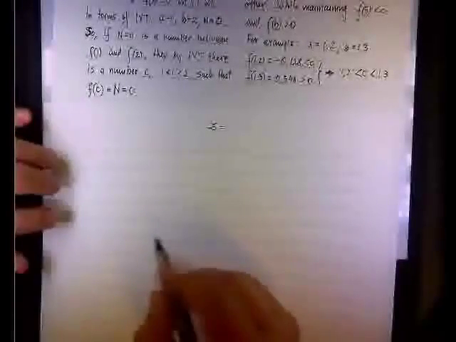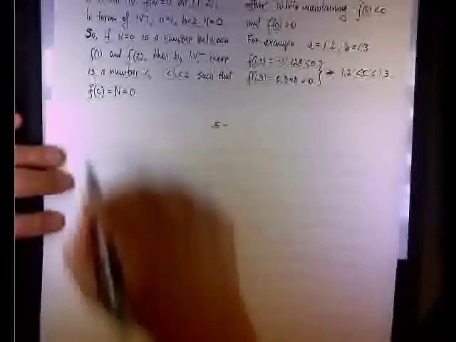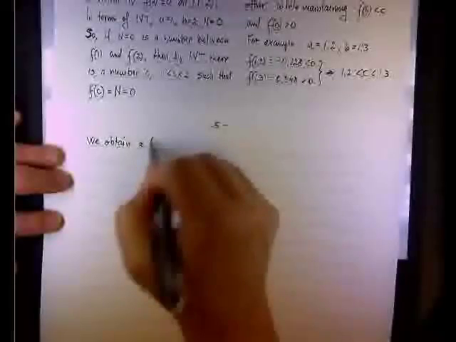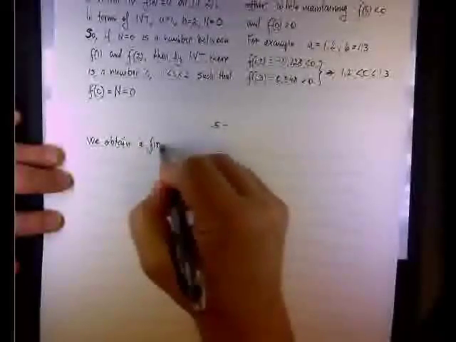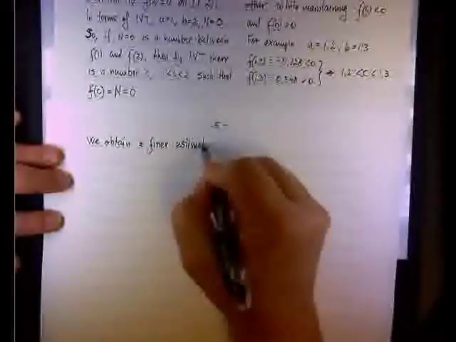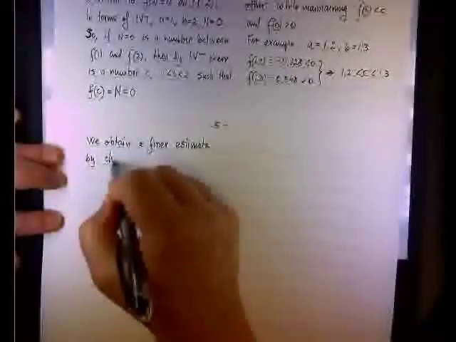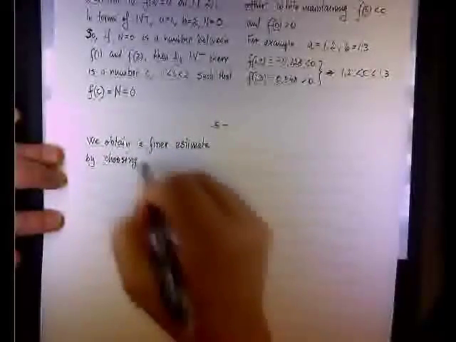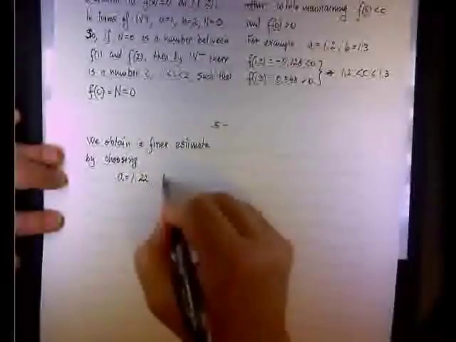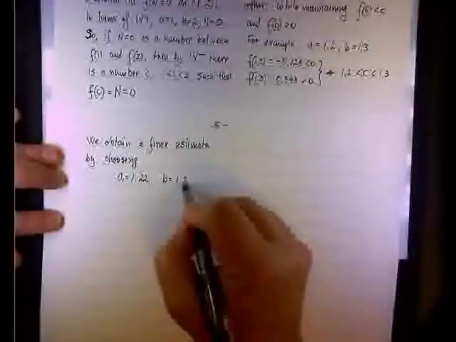For instance, we obtain a finer estimate by choosing, let's choose A equals 1.22 and B equals 1.23. So we are still very close to each other, but first we need to verify that we keep f of A negative, f of B positive.